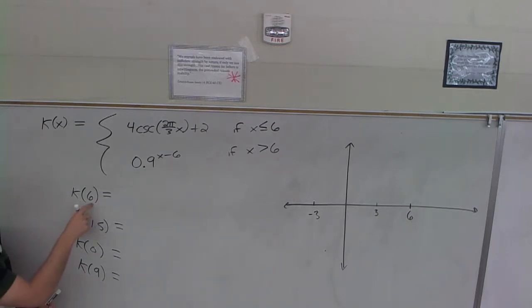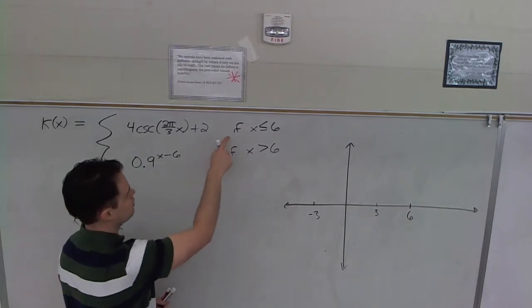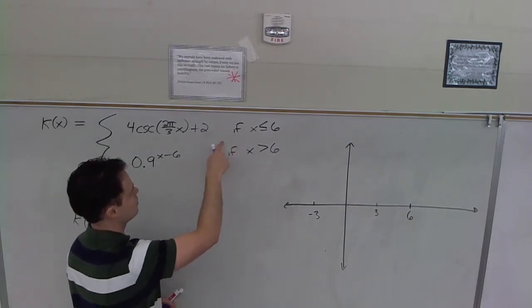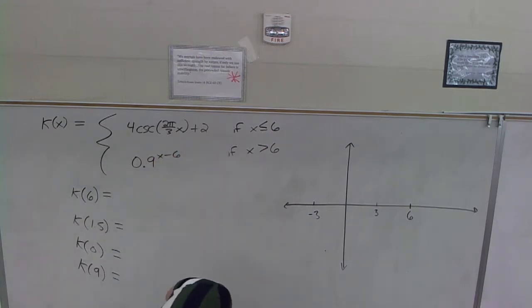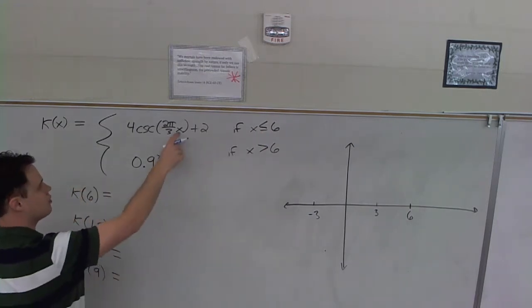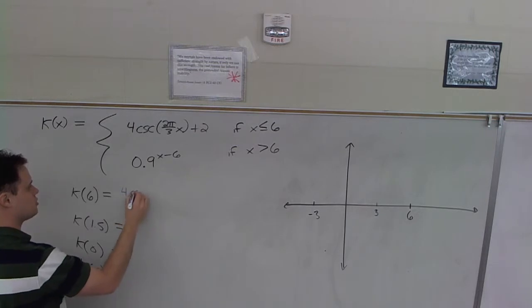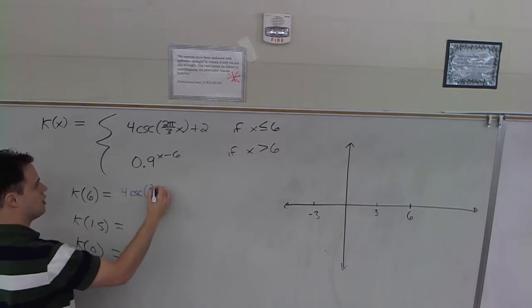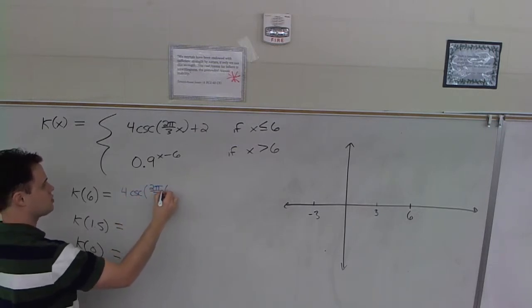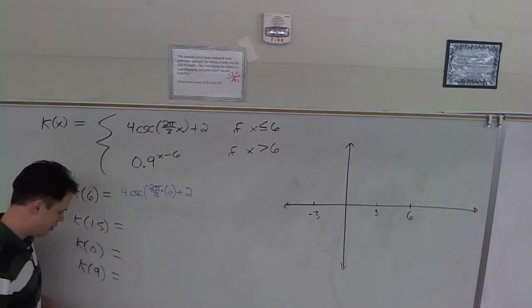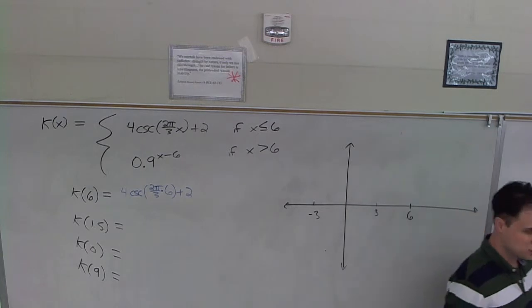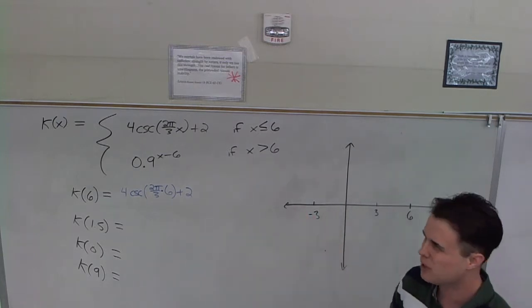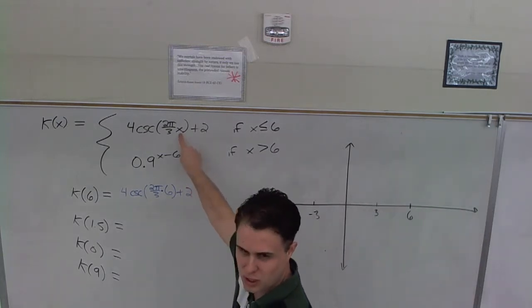So if I put 6 in, which one of these does it go into? It goes into this one because it's equal, right? Did I get that right? Yeah. Okay. So I'm going to put it right there. So that's going to be 4 cosecant 2 pi over 3 times 6 plus 2. If you're feeling pretty comfortable, you probably don't want to do too much scratch work. This is feeling like too much to me. I would just think about 6 goes right here.